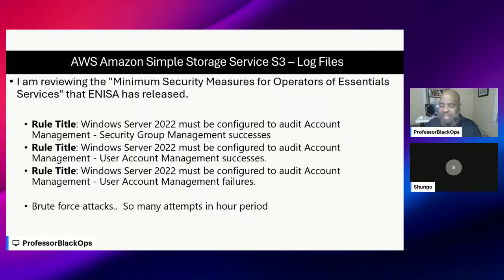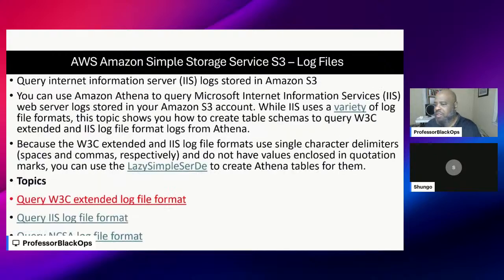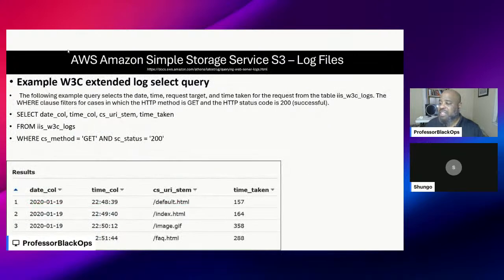So what would that look like using those log files? So we're talking about the IIS logs, put on the S3. People are already putting log files there, so they actually have a query. W3C for your extended log file format. Then at the top, that's your select statement going against your log file, and that's what we could pull back from an IIS, which is a web server log file.